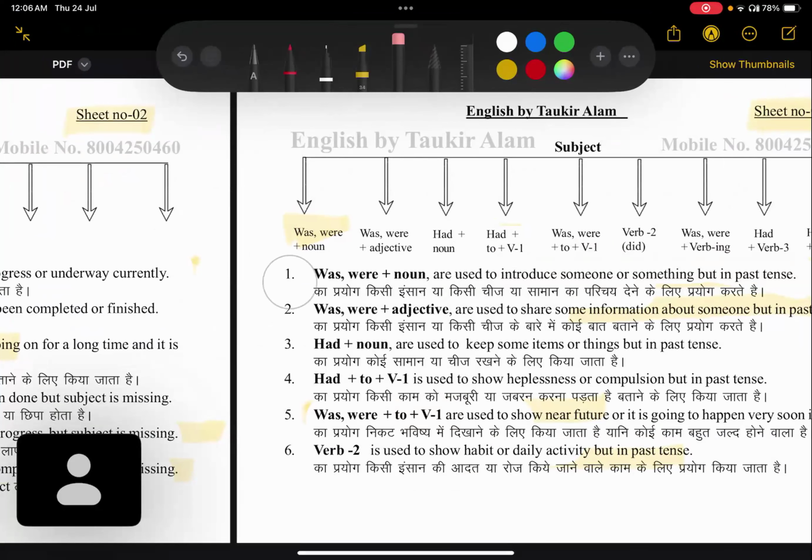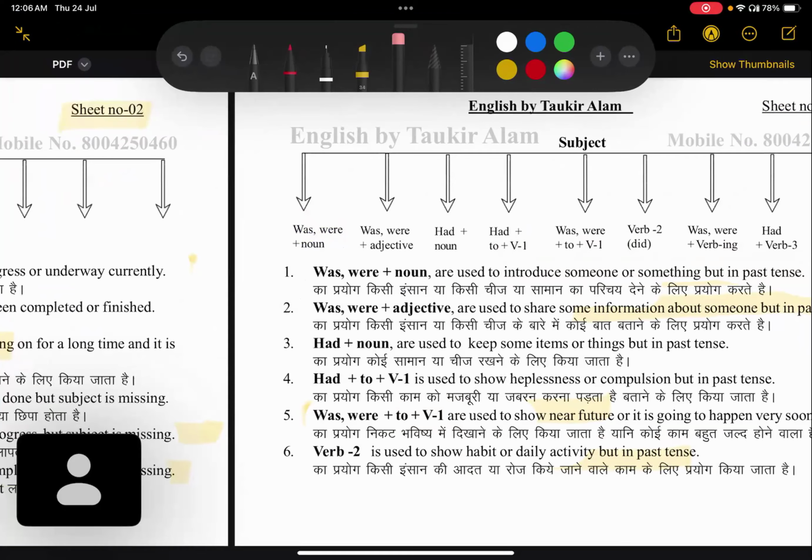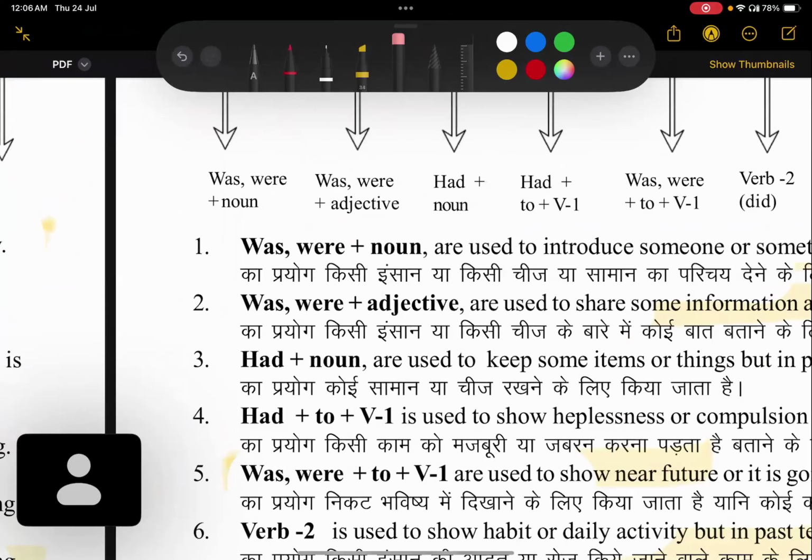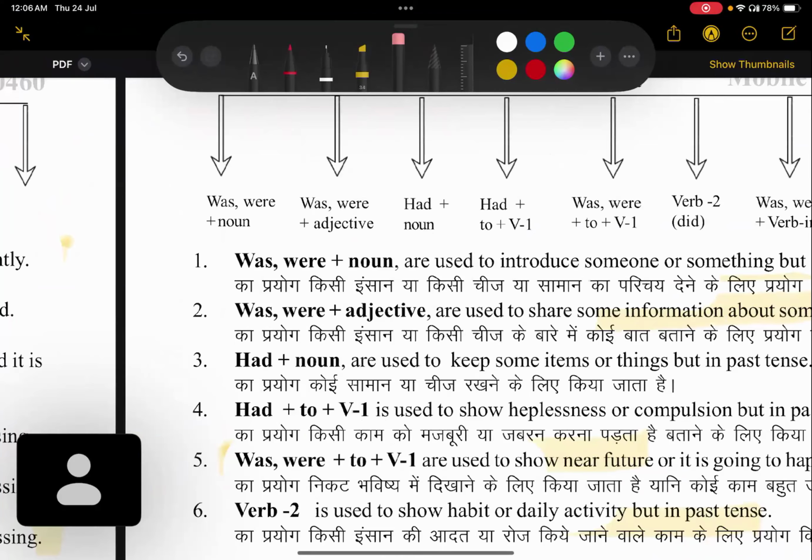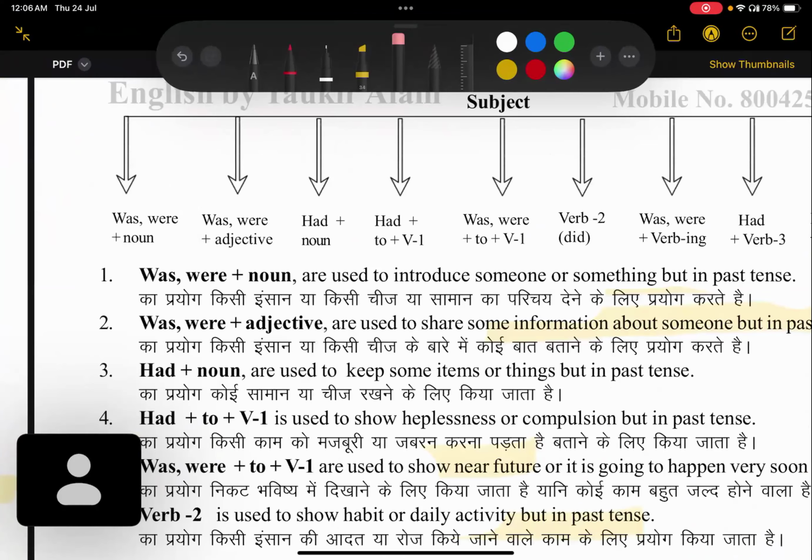Very first, was verb plus noun. It is used to tell someone's introduction. For example, if someone is with you and I don't know him, and if I say, tell me the introduction, who are you?